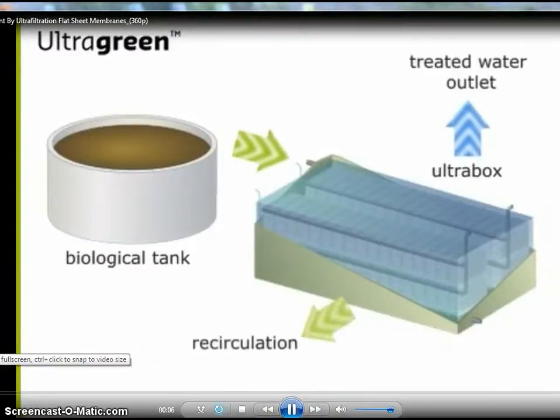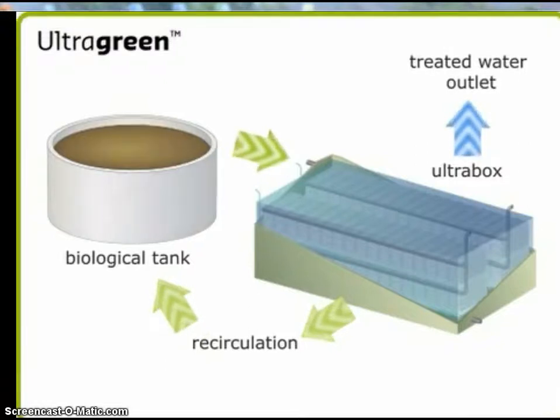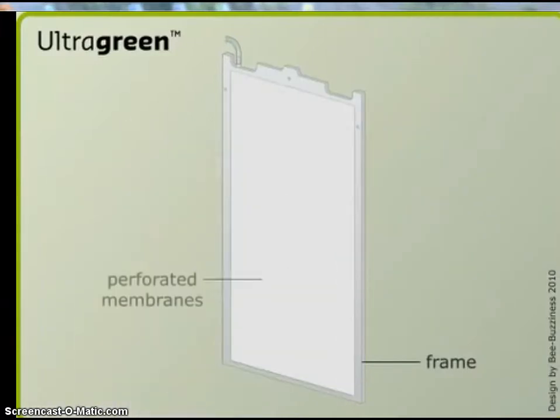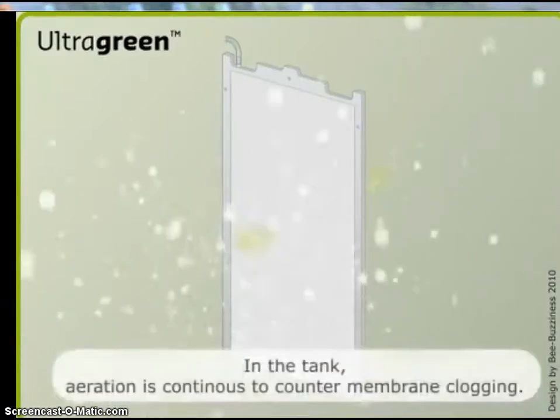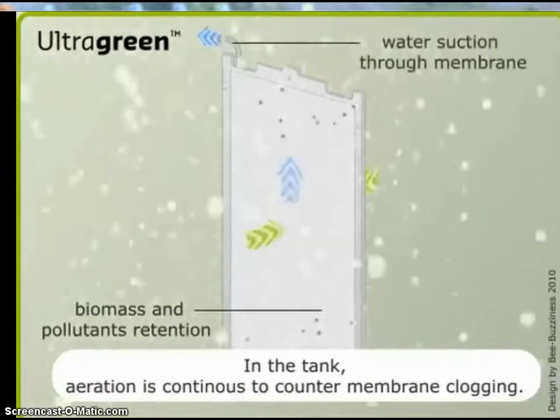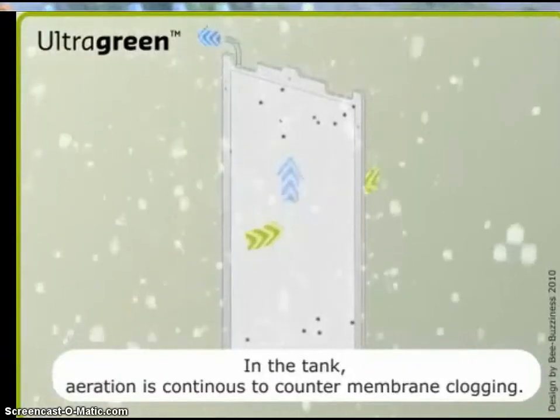At a single point you have wastewater. This video will explain something like an external MBR. It's a metallic frame over which the perforated membrane is fixed, and again a diffuser at the bottom, and you can see that suction is created at the top end and the water is being treated.